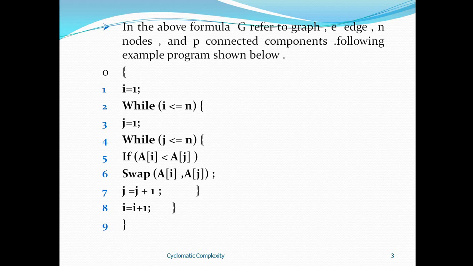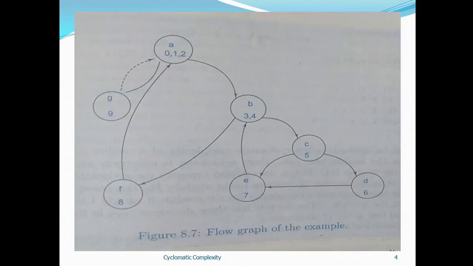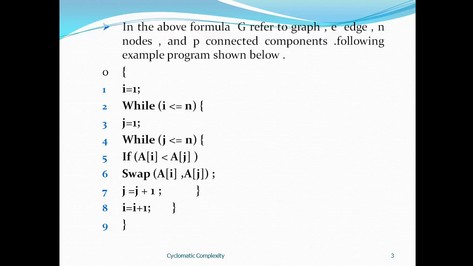For example, we give the name of the node as A. A equal to 0, 1, 2, right? Look at the graph. A equal to 0, 1, 2 is the first node. We go to the second node, which starts from 3, right? j equal to 1 while j less than or equal to n, and it will end.